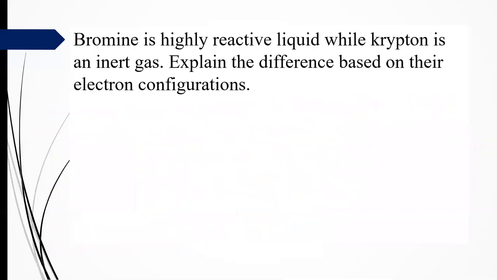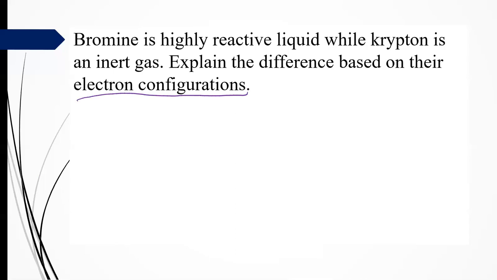So I want you to try your explanation for this one. Before you start, or if you've already started, that's fine, check on whether you have these parts. When you read through a question, it gives you a lot of hints about what we're looking for in order to get all those points. It says bromine is a highly reactive liquid while krypton is an inert gas, and to explain the difference based on their electron configuration.